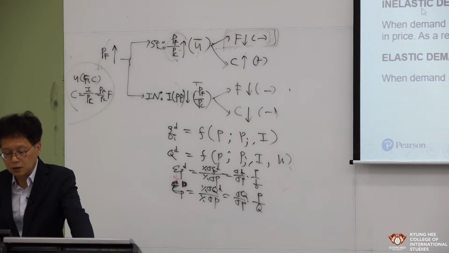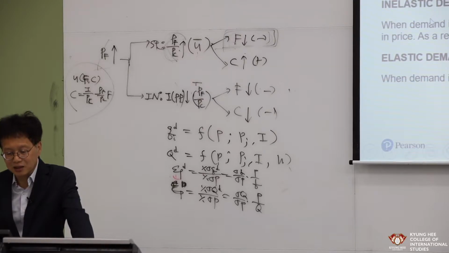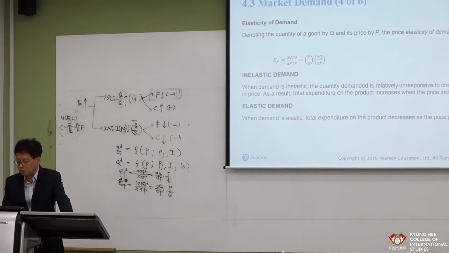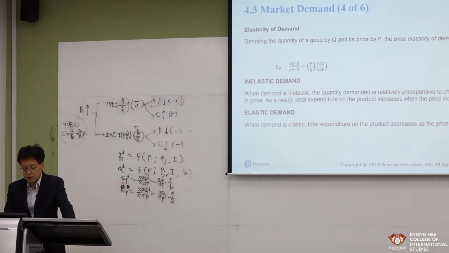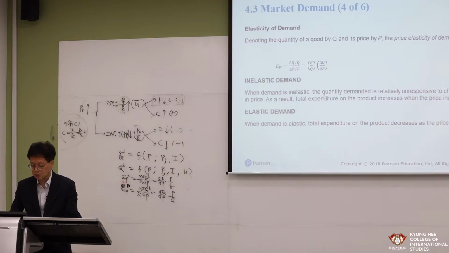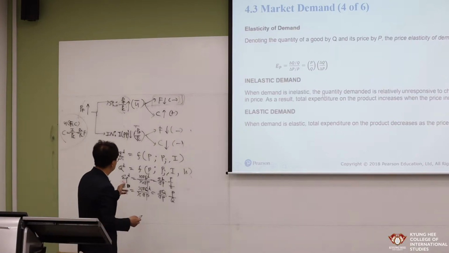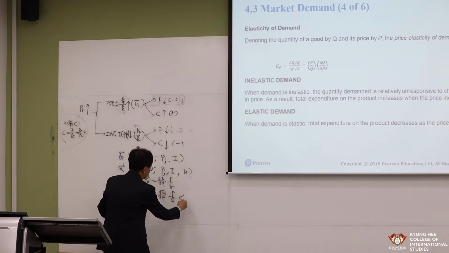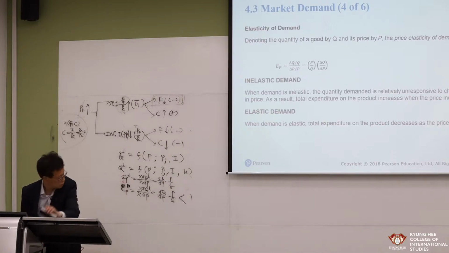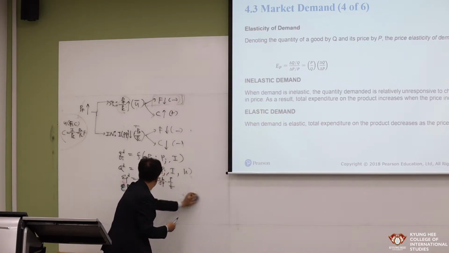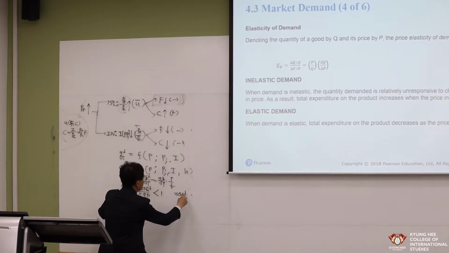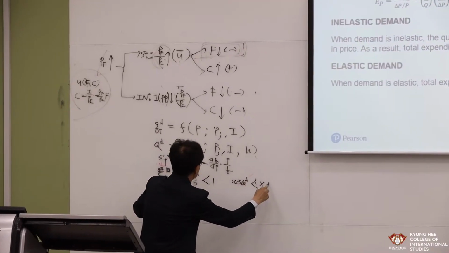Also, we can define inelastic demand. When demand is inelastic, the quantity demanded is relatively unresponsive to a change in price. As a result, total expenditure on the product increases when the price increases. An inelastic demand curve means elasticity is less than 1, so the percentage change in quantity demanded is smaller than the percentage change in price.